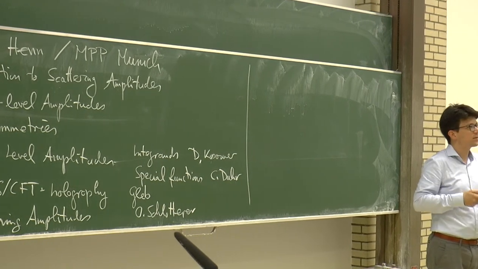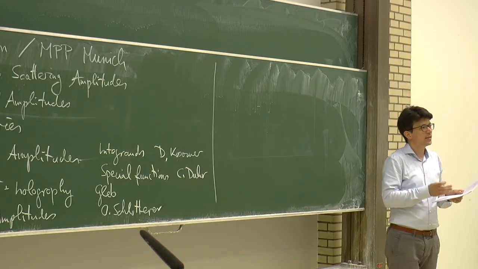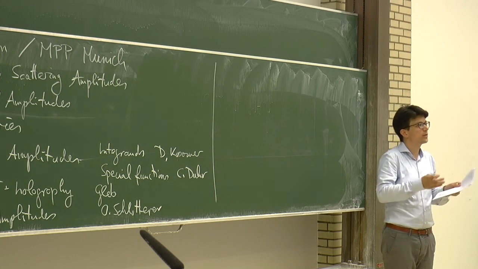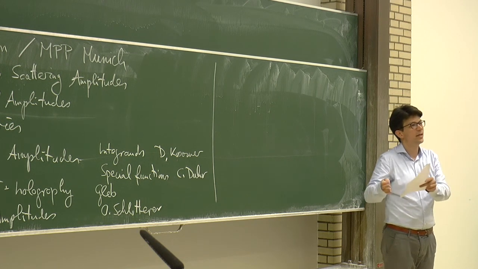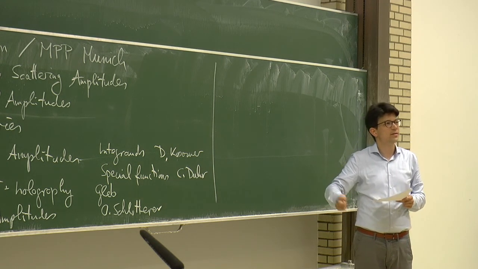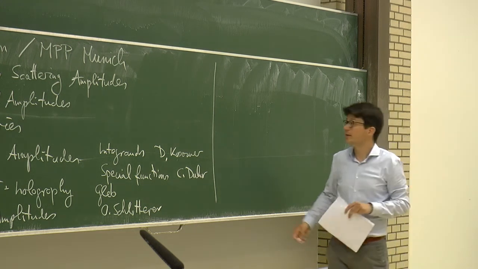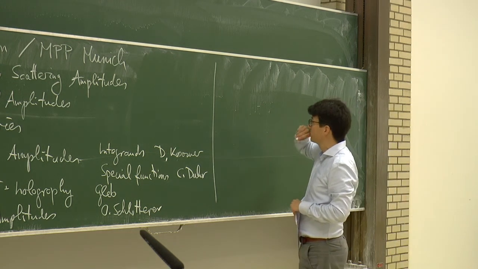So I think it is important to understand that what we are computing here is an important ingredient that helps to make the connection to experiment. But it's not the only step. There's a whole chain of things that one has to know, and I'd just like to give you a picture of this.